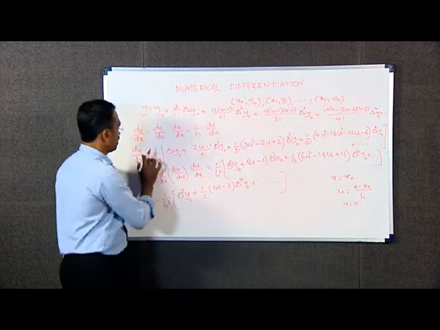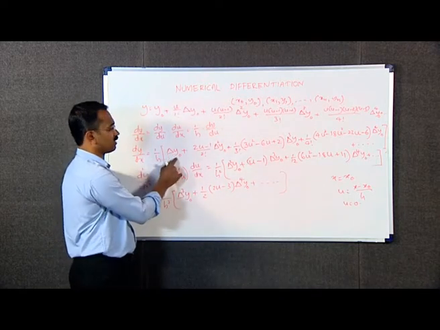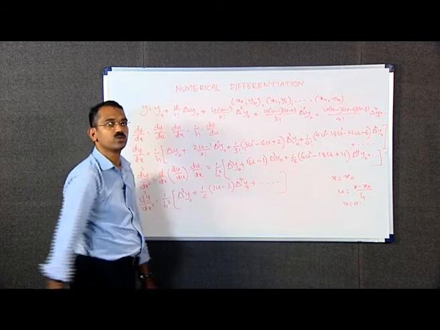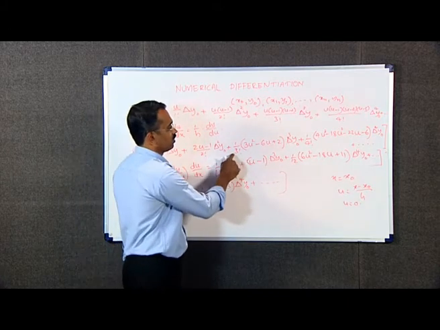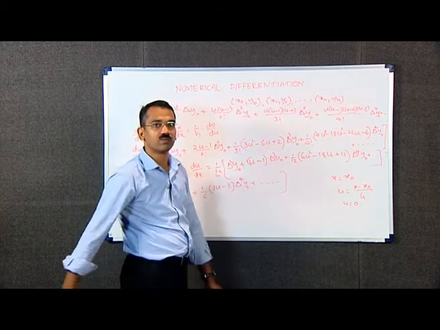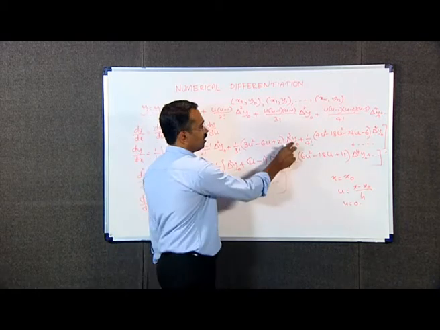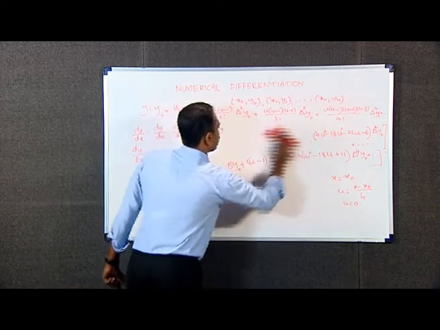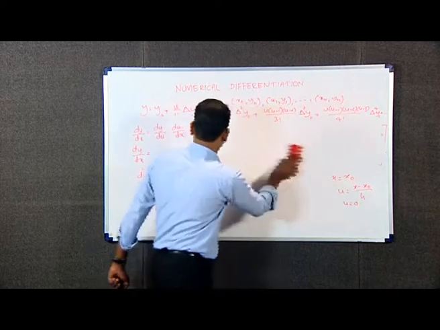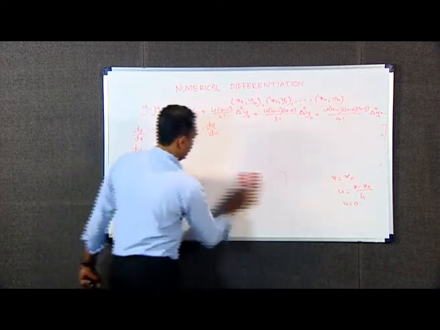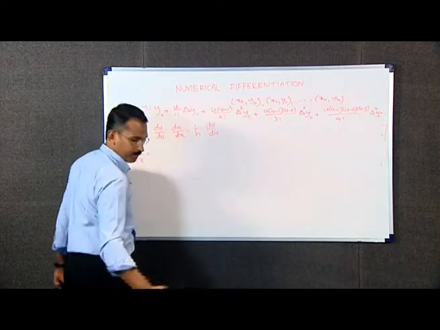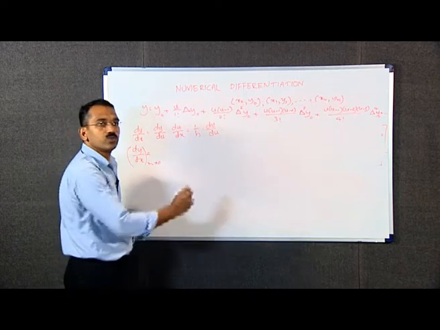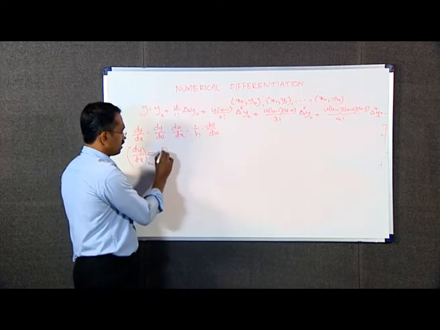Therefore, the first derivative will become 1 by h into delta y naught minus 1 by 2 factorial into delta square y naught plus 2 by 3 factorial is 1 by 3 into delta cube y naught plus etc. That is dy by dx at x equal to x naught is equal to, we can use the differential operator.